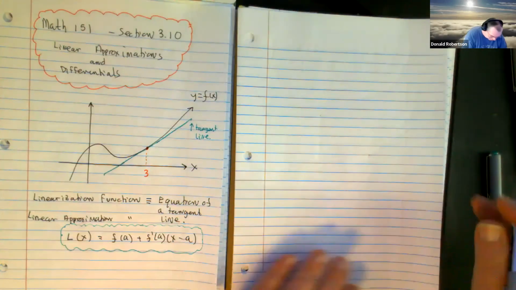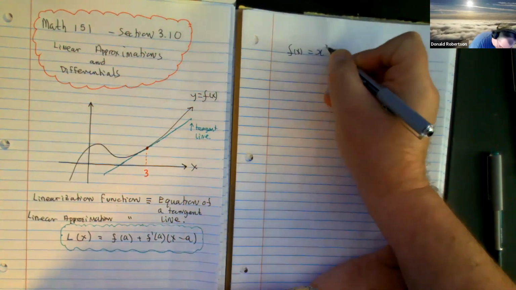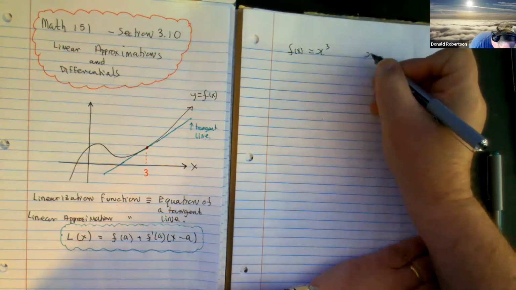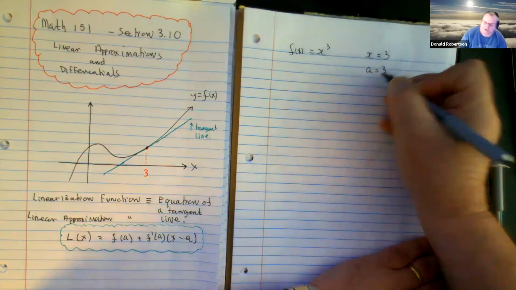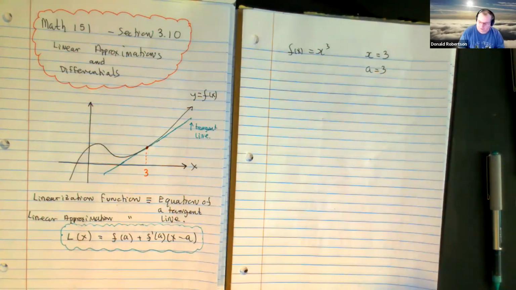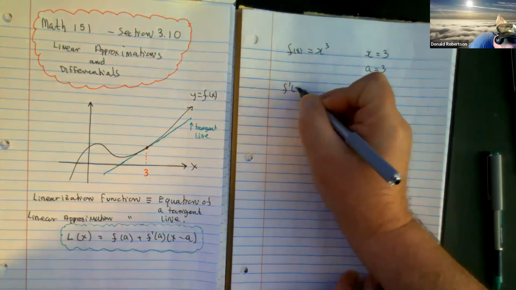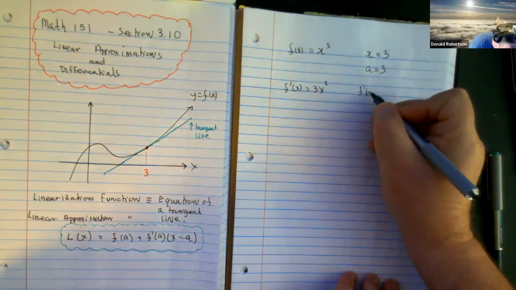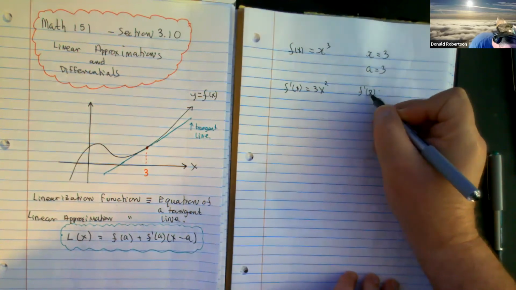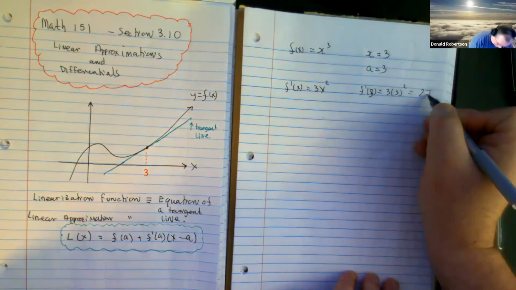So let's put that into practice. Let's actually find a linearization function. Suppose I take x cubed and I'm interested in x equals 3. It's going to be called a equals 3. That's how they would do it in the question. So I would find its derivative, its derivative at 3, which is, by a rather unfortunate coincidence, 27.